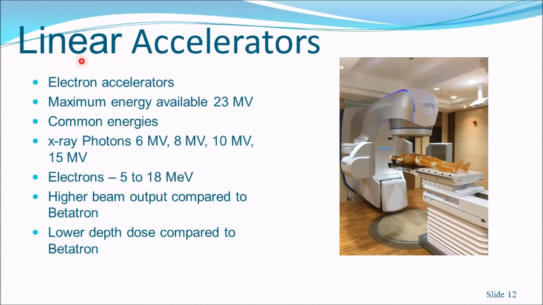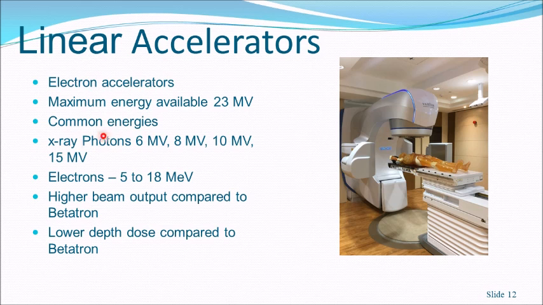Then the linear accelerator came into radiotherapy as an electron accelerator, and it pushed out Betatrons and became the primary source of electron as well as X-ray beams. Though it could go for very high energy acceleration, in clinical use the maximum energy we have is about 23 MV.